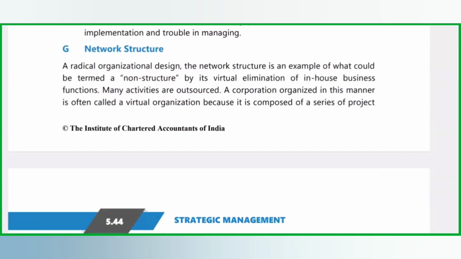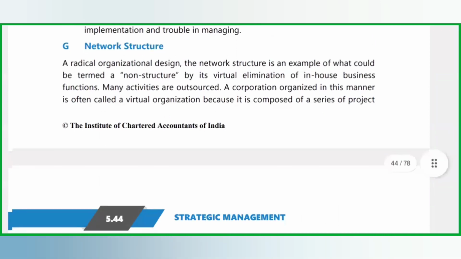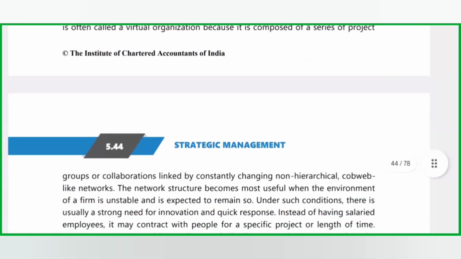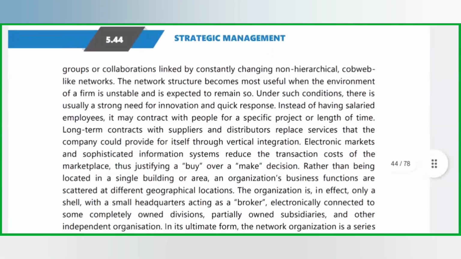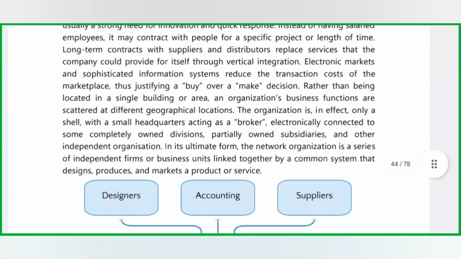It is also termed a non-structure by its virtual elimination of in-house business functions. Here many of the activities are outsourced, and it is often called a virtual organization because it is a group of series and collaborations. It has non-hierarchical cobweb-like networks, and the network becomes useful when the environment is unstable.